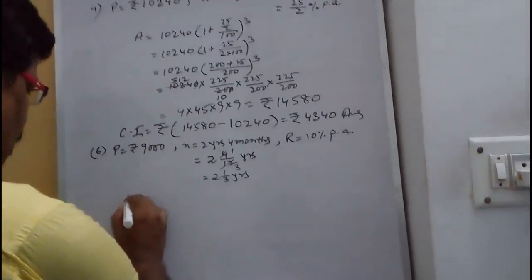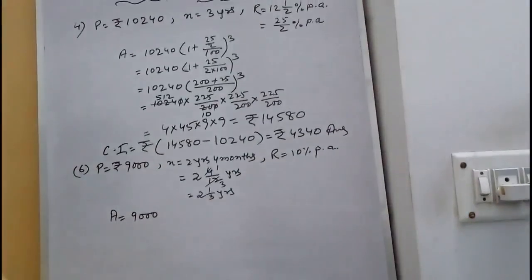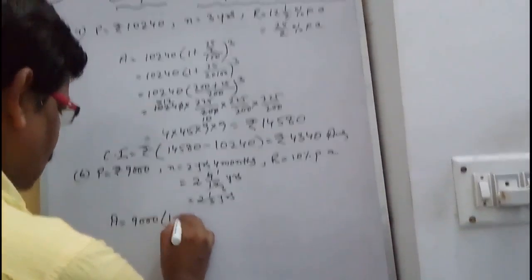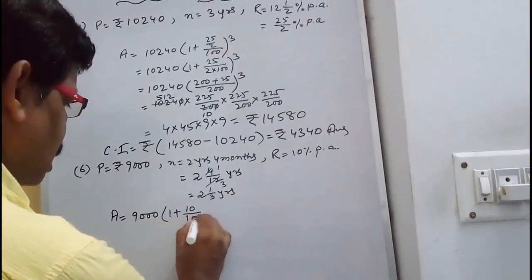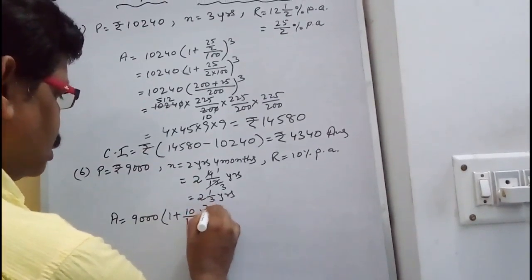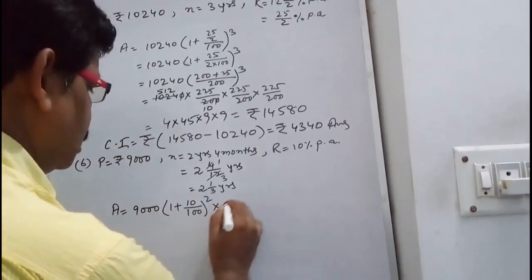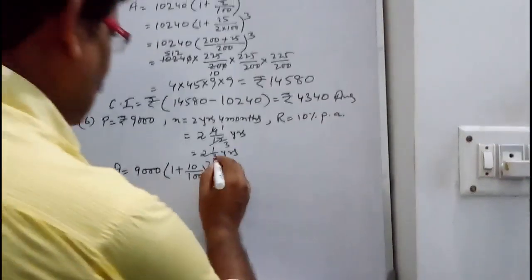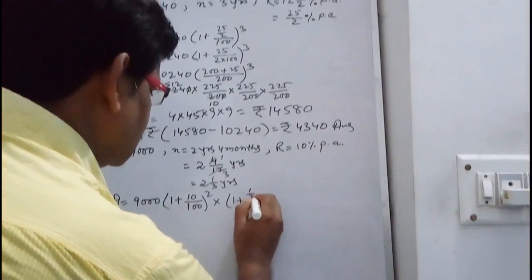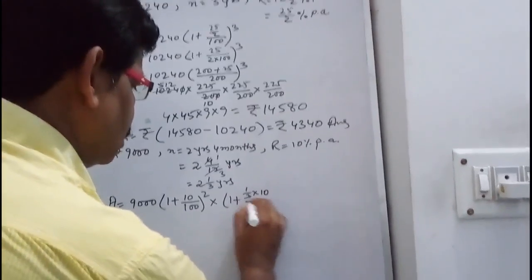Now find amount equal to P into (1 plus R by 100) power 2, that years is 2, into (1 plus 1 by 3 into 10 by 100).